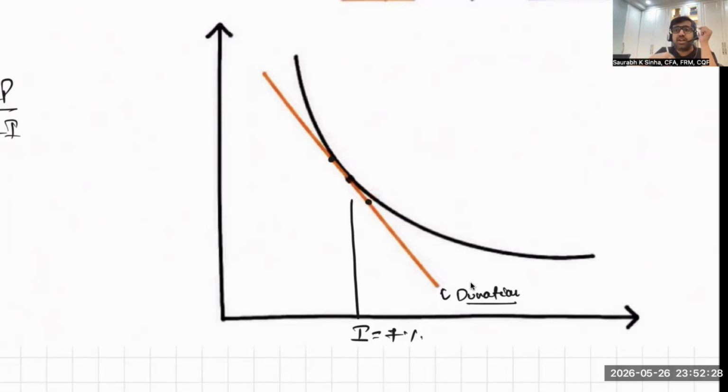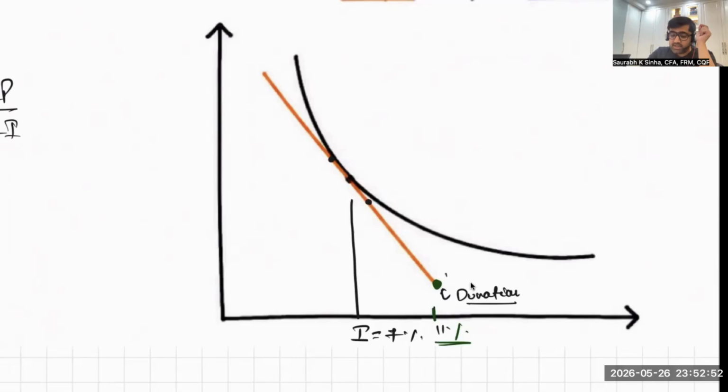But for large change in interest rate, say the interest rate changes by 8%, the duration will say this is the new price based on duration, but the actual price is this. See the difference? This is the price for 11% interest rate.